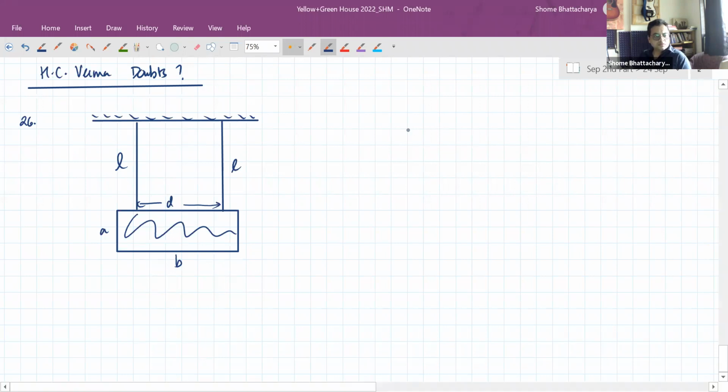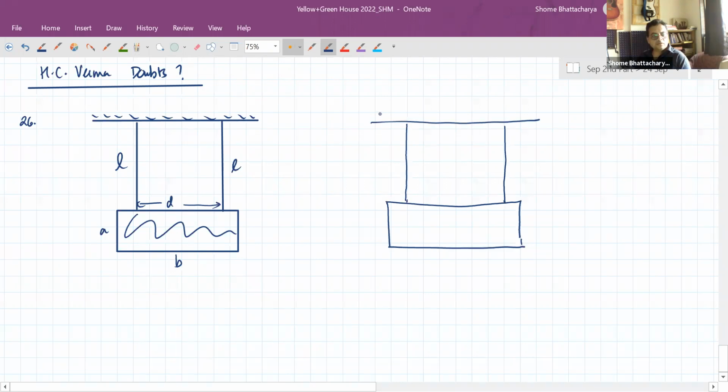So from this position, in the plane of that rectangular sheet itself, if we give a slight amount of angular displacement, we're talking about something like this.